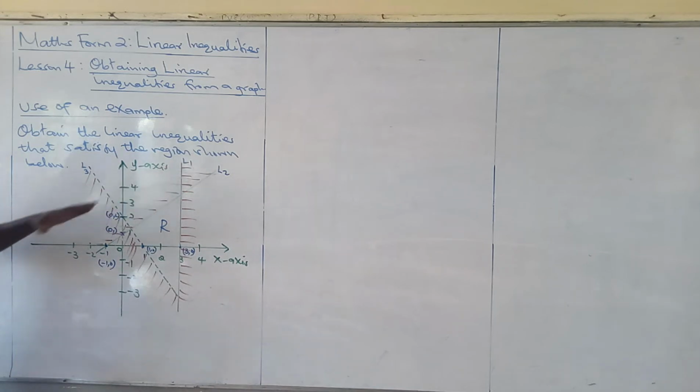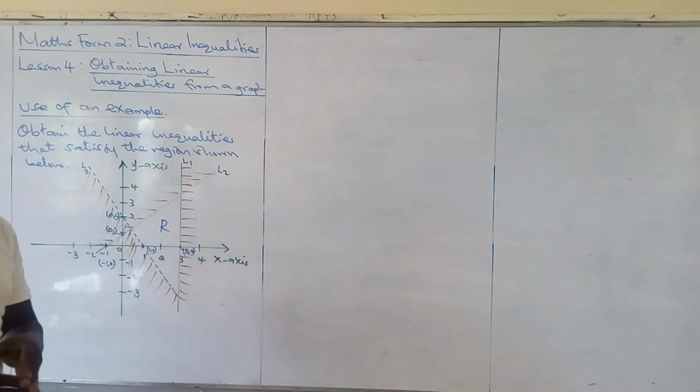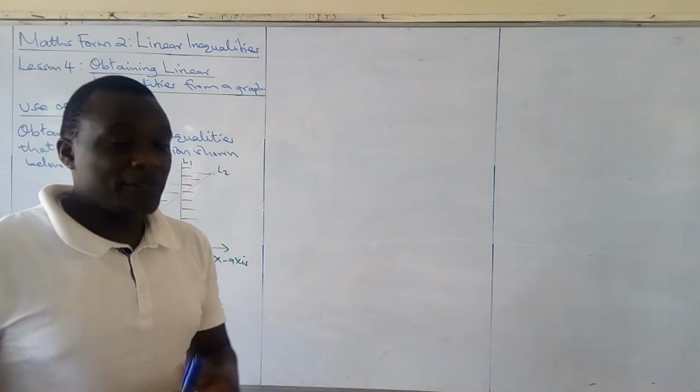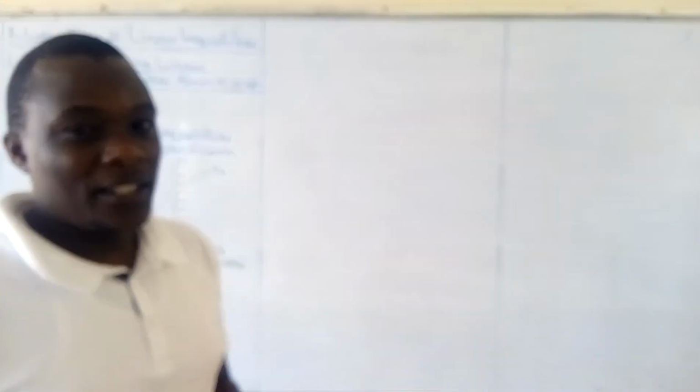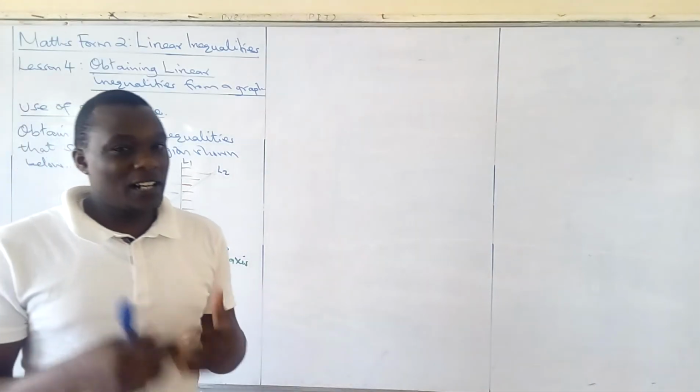Now that we have identified 2 points for each line, we will start by finding the gradient of each line. After obtaining the gradient of each line, we will obtain the equation for each line.